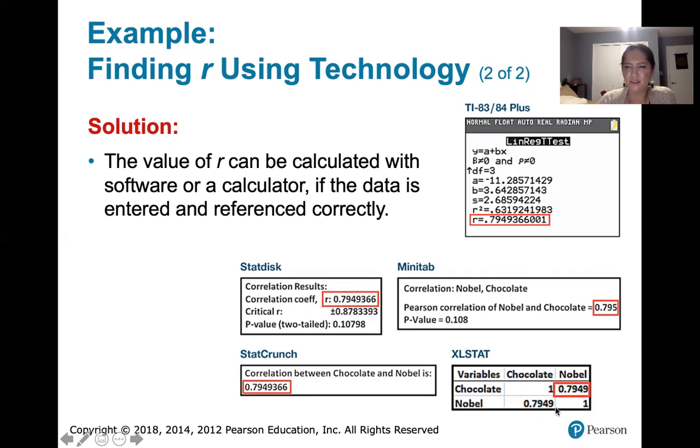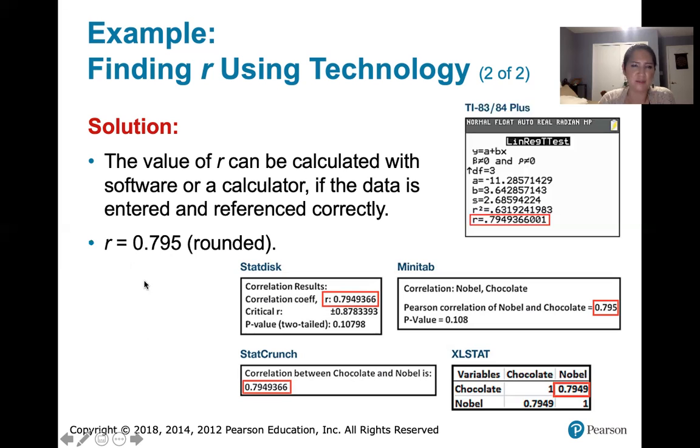It's a correlation matrix. That value there is the correlation between chocolate and the Nobel laureate data. And 1, 2, 3, 4, 5 programs, all of them have that 0.7949. So they're all just giving you that value of R, provided that you are entering your data correctly.